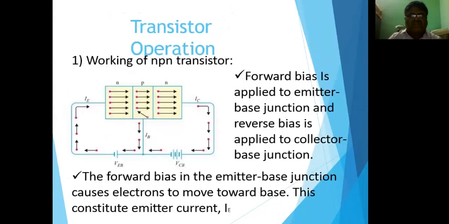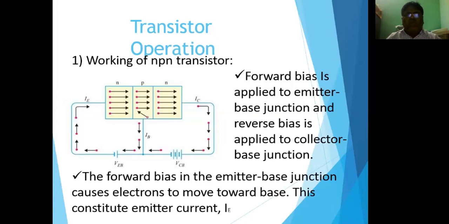Next, transistor operation. How does the NPN transistor work? Let us see. This is the diagram of the NPN transistor. Two N layers and one P layer. The P layer sandwiched between two N layers is called the NPN transistor.